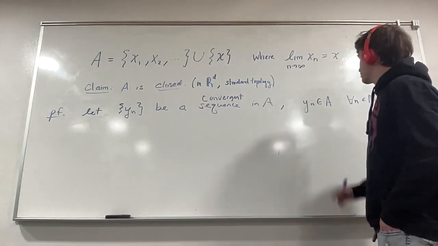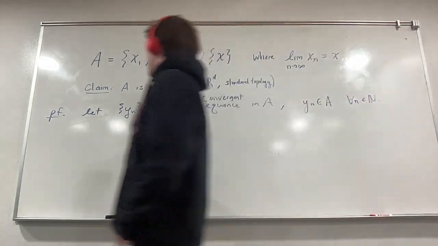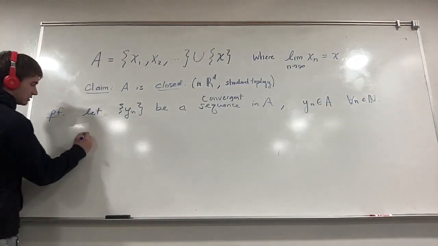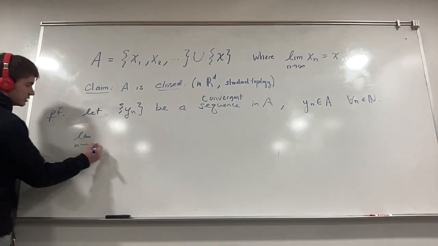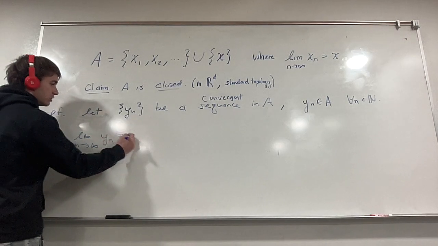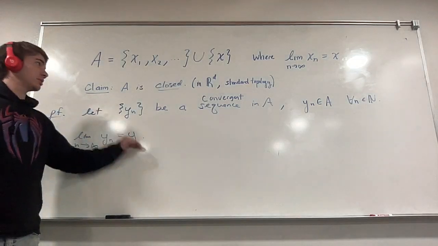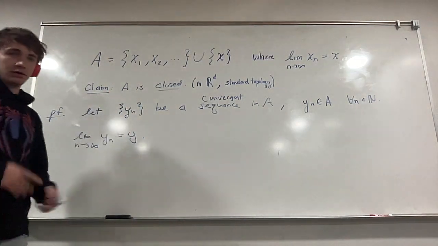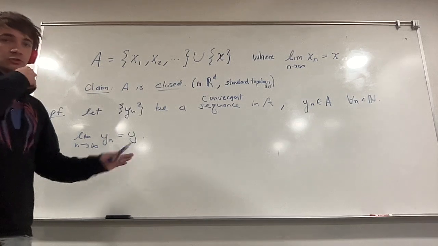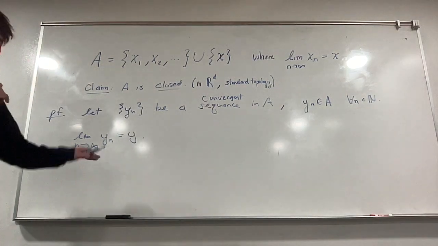Okay, so I'm going to assume that the limit as n approaches infinity of y sub n equals y. Now the goal would be to show that y belongs to A. If we can show that y belongs to A, by the sequential definition of a closed set, we're done with the proof.